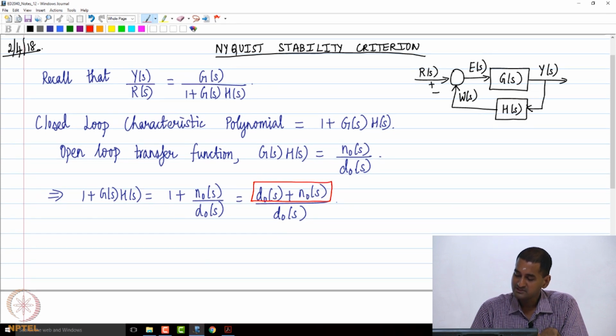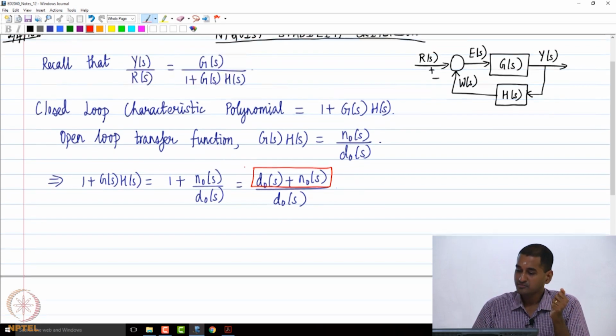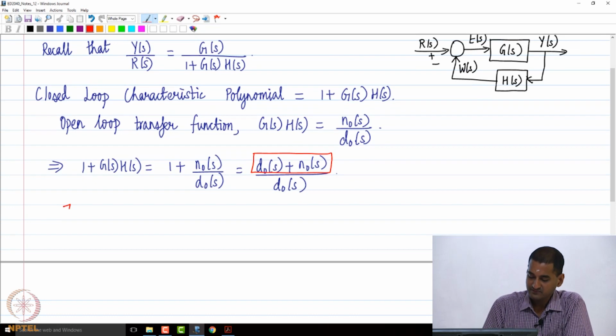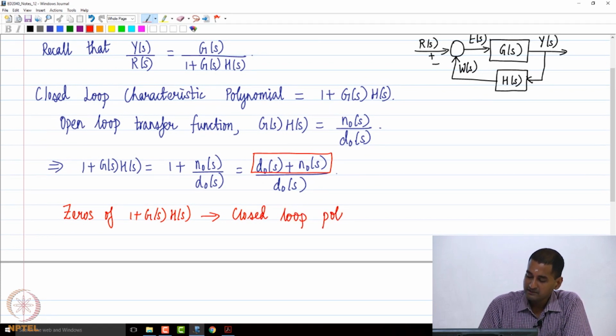Why? Because the roots of the numerator polynomial are the closed loop poles. So please recall the zeros of 1 plus G of s H of s are the closed loop poles. That's important for us. But the poles of 1 plus G of s H of s are the open loop poles.